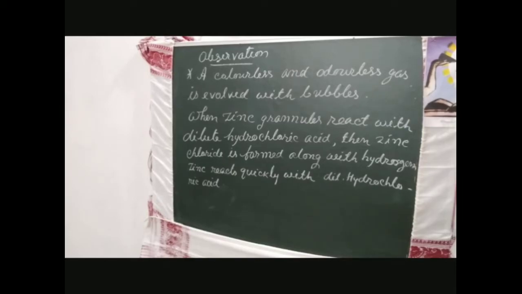When zinc granules react with dilute hydrochloric acid, zinc chloride is formed along with hydrogen. Zinc reacts quickly with dilute acid. You can test whether this gas is hydrogen or not by putting a candle flame or other flame at the mouth of the beaker or gas jar, and then what will happen?